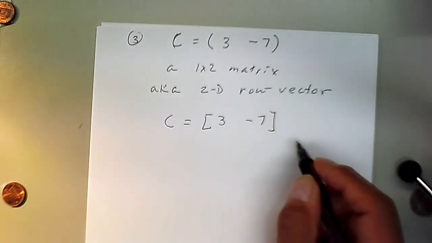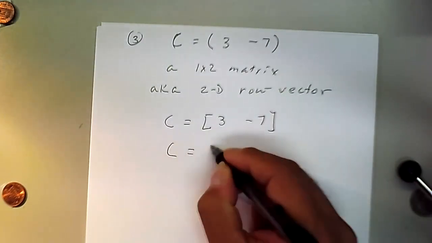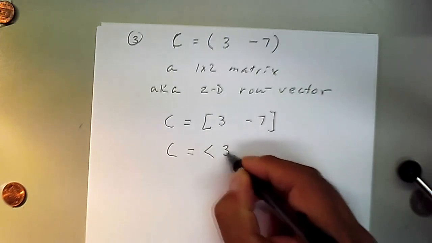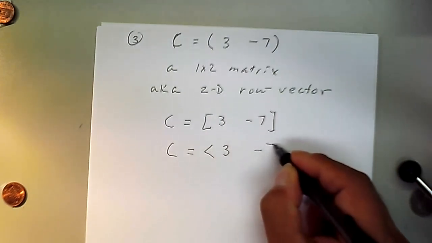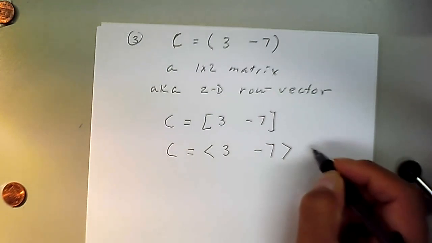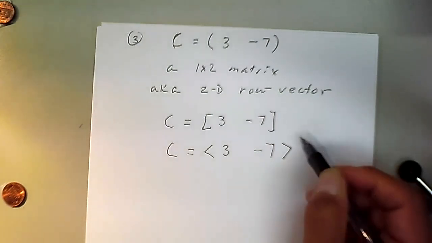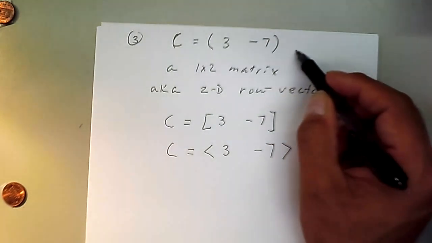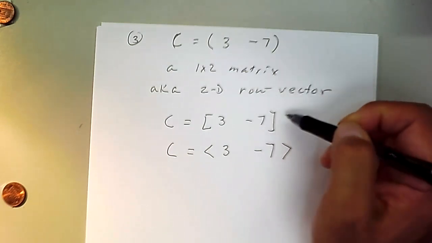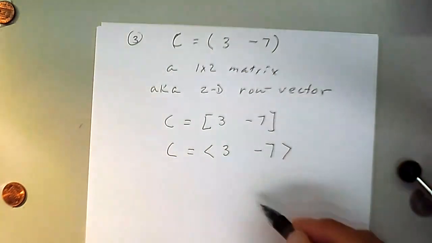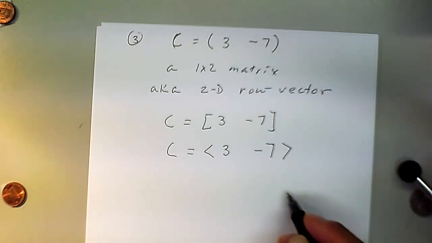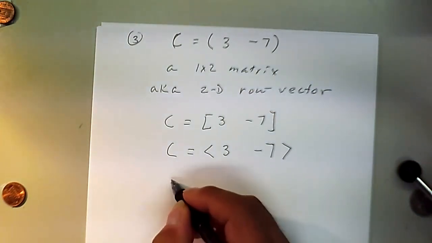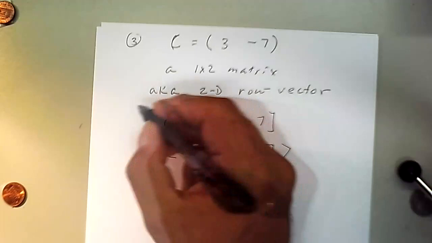I guess we could use some other kind of parenthesis, as long as all we're doing is keeping it together with grouping symbols. So in my classes, I don't differentiate between this or that or that. And the same thing happens with regular matrices. So for instance, B, we're talking about notation now.